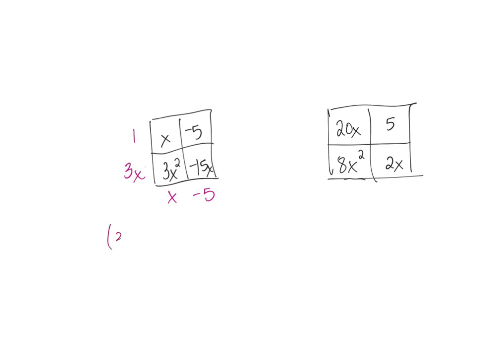So I've got 3x plus 1 times x minus 5 to get my factored form. Now, if I look at the inside of this area model, what this initially started out as was 3x squared, negative 15x plus x is negative 14x, and then minus 5.